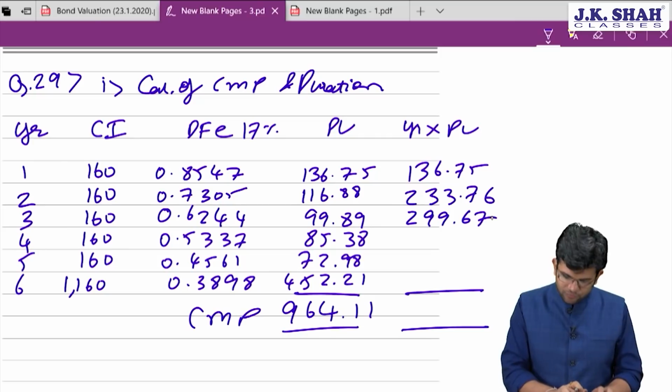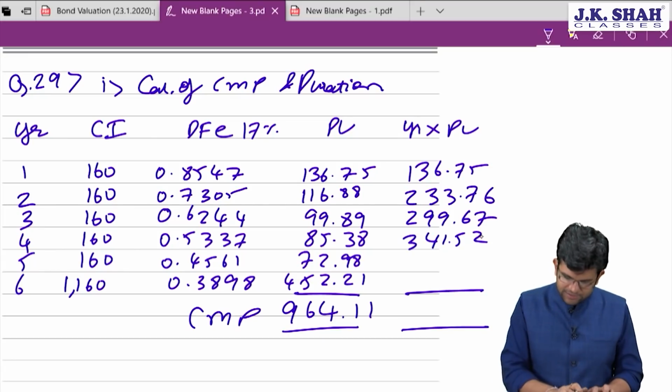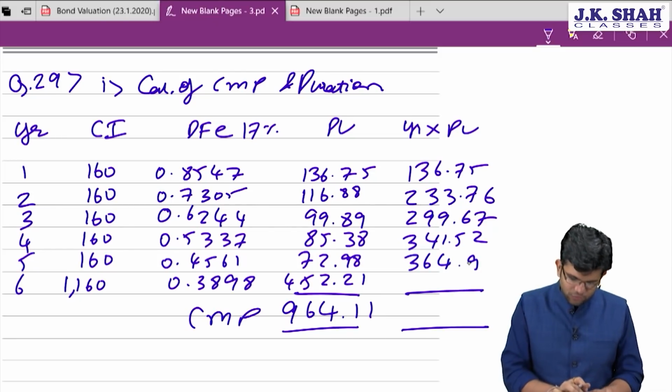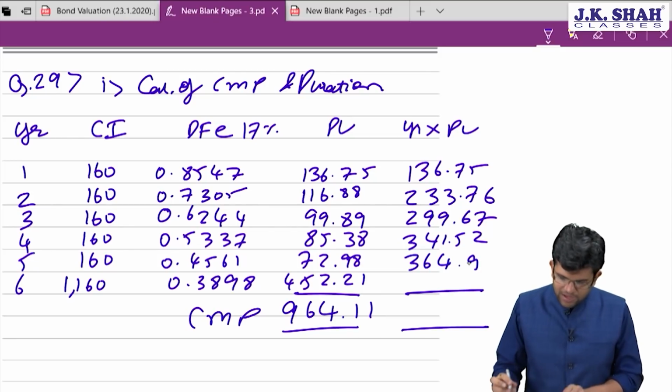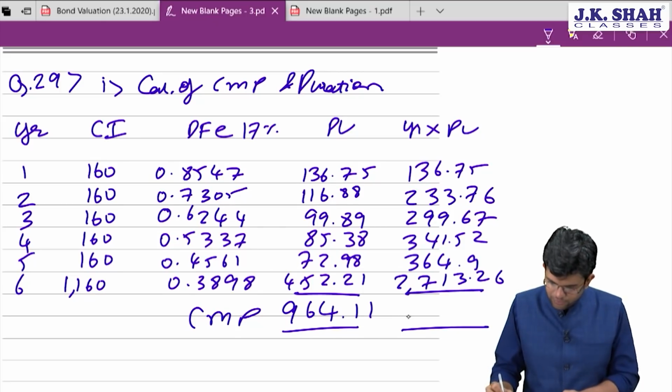Next, students, is 4 into 85.38 M plus, that is 341.52. Next is 5 into 72.98 M plus, that is 364.9. The last is 6 into 452.21 M plus, that is 2713.26.